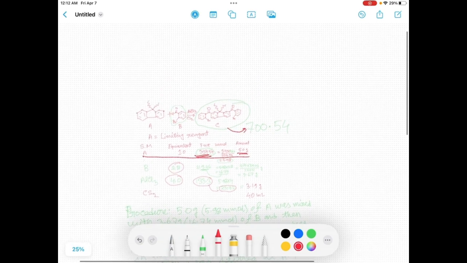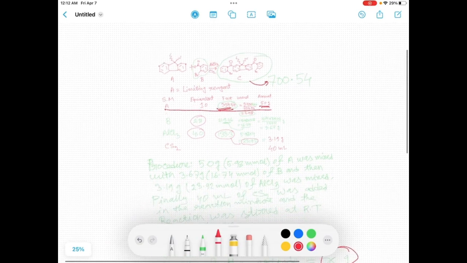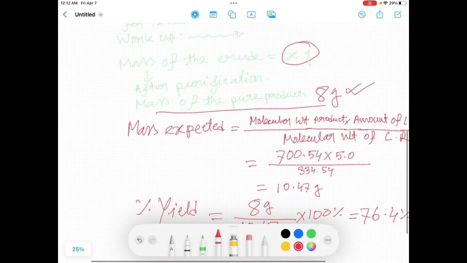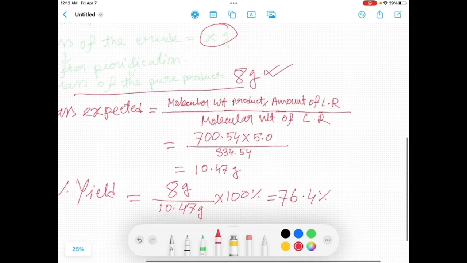So when you have two molecules to give the product, find out the limiting reagent and then calculate the millimole, equivalent, and then find out the amount and then procedure, then find out the mass and then the pure product, and now the mass expected. So molecular weight of the product times amount of limiting reagent originally used in the beginning of the reaction, divided by molecular weight of limiting reagent.